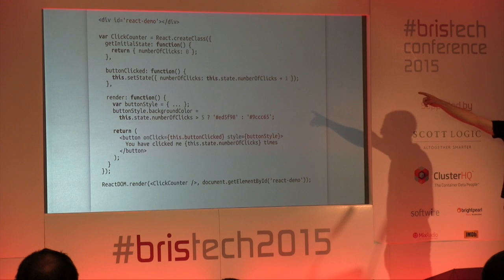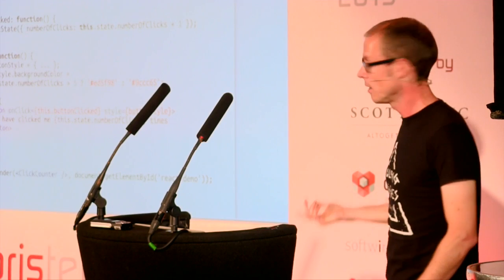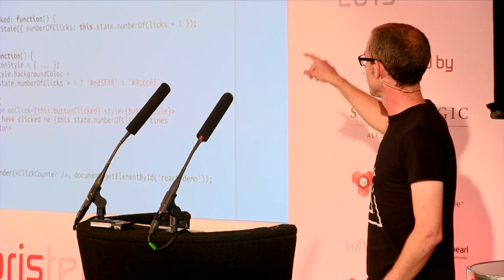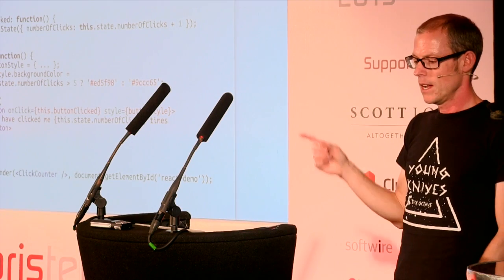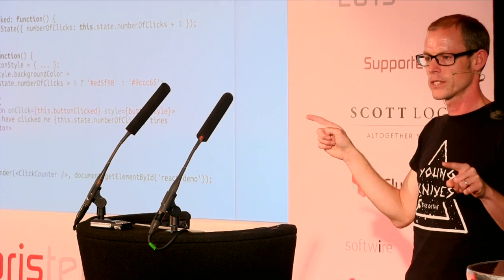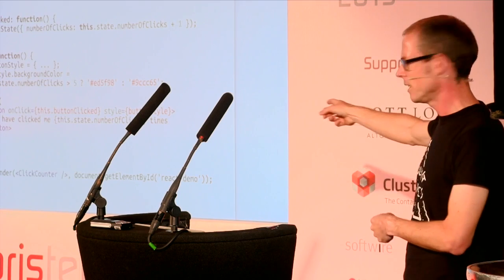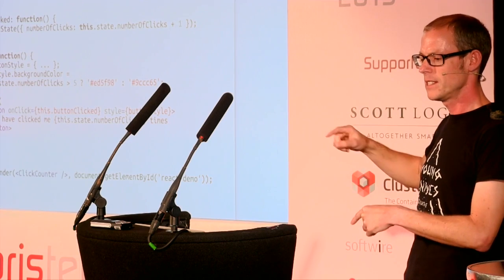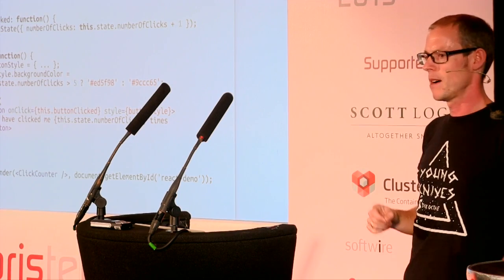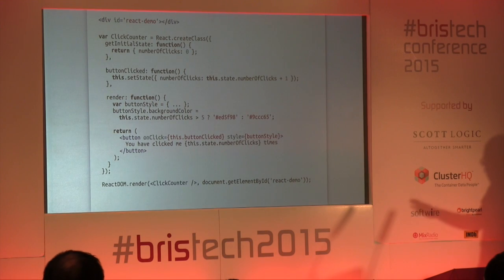We've also got this notion of state. So our React class has an initial state, and when the button is clicked, the state is updated. And the one thing you might be wondering about is where has this sort of connection gone? When the button clicks, the state updates. So how is the HTML updated? And that's probably the most interesting thing about React: it just re-renders the whole thing, which is quite interesting.